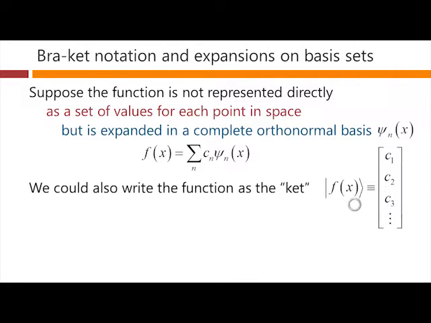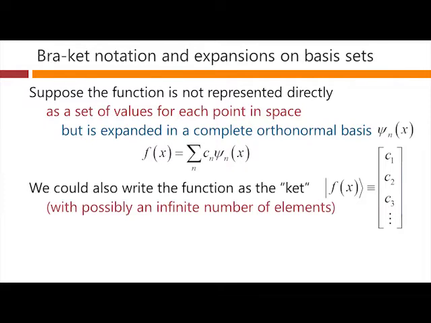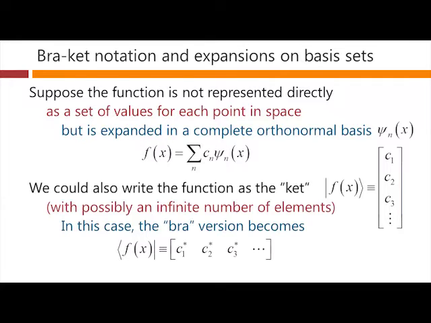So this ket vector is the same vector in the space, whether or not we write it this way or whether or not we'd written it with all the values of the functions in here instead. Anyway, this is our ket vector now representing this function, written in this form, and it may well have an infinite number of elements. And the bra vector would just be the complex conjugates of all of these expansion coefficients, now written out as a row vector.